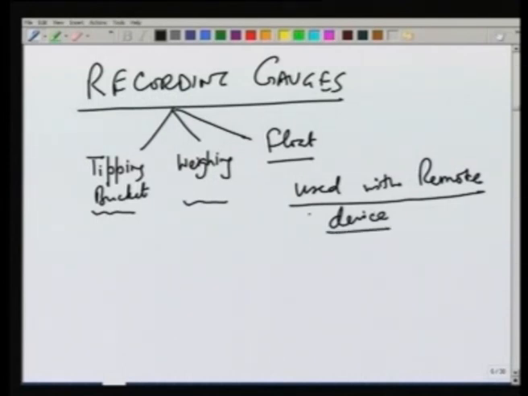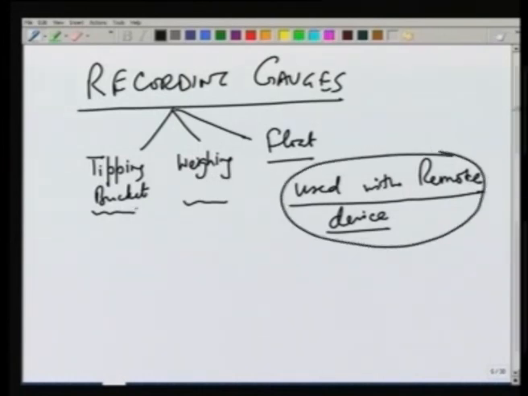So, if the station is not easily accessible, we can use them with some remote device which captures the rainfall recorded by either tipping bucket or weighing or a float mechanism to plot the rainfall record. So, let us look at them one by one.